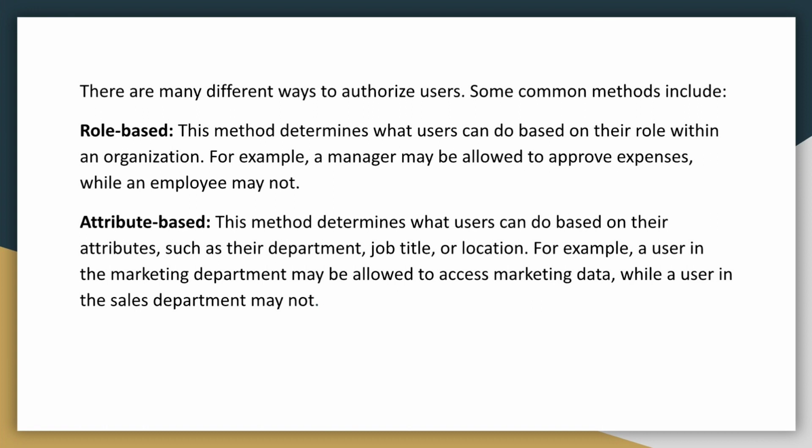Biometric authentication uses physical characteristics such as fingerprints or facial recognition to verify the identity of a user. The type of authentication and authorization used depends on the needs of that system or resource. For example, a system that stores sensitive data may require multi-factor authentication or role-based access control, while a system which doesn't contain any sensitive information can be accessed with a normal username and password.